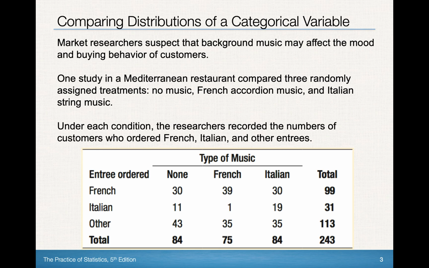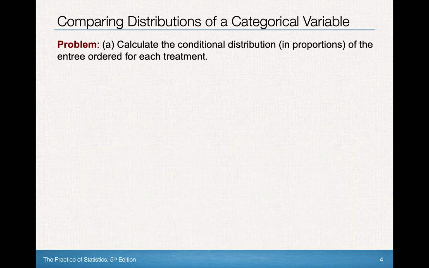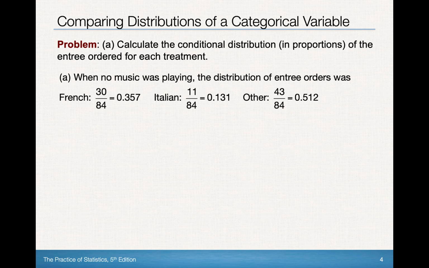So for our first treatment, it's about 36%, about 13%, and about 51%.